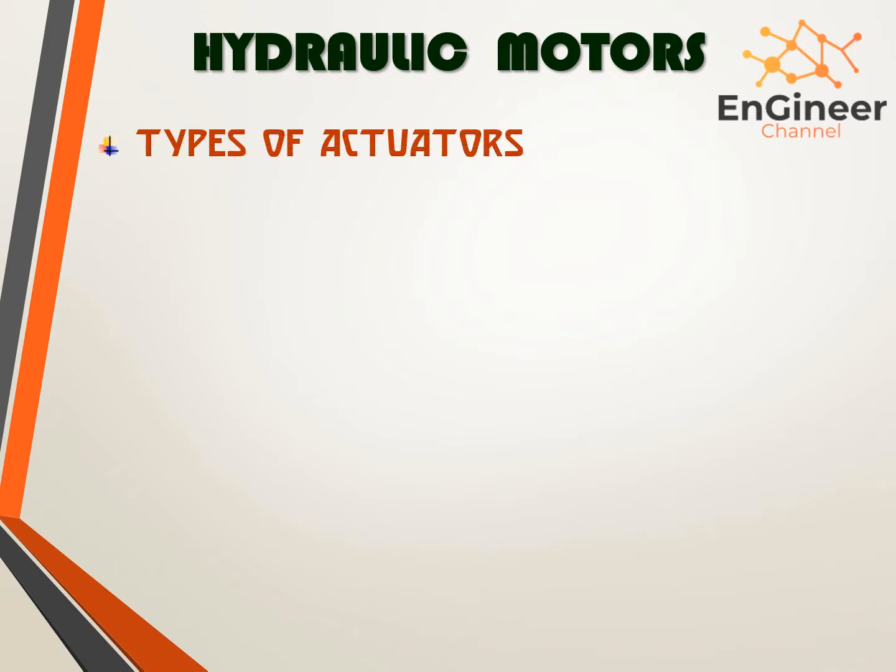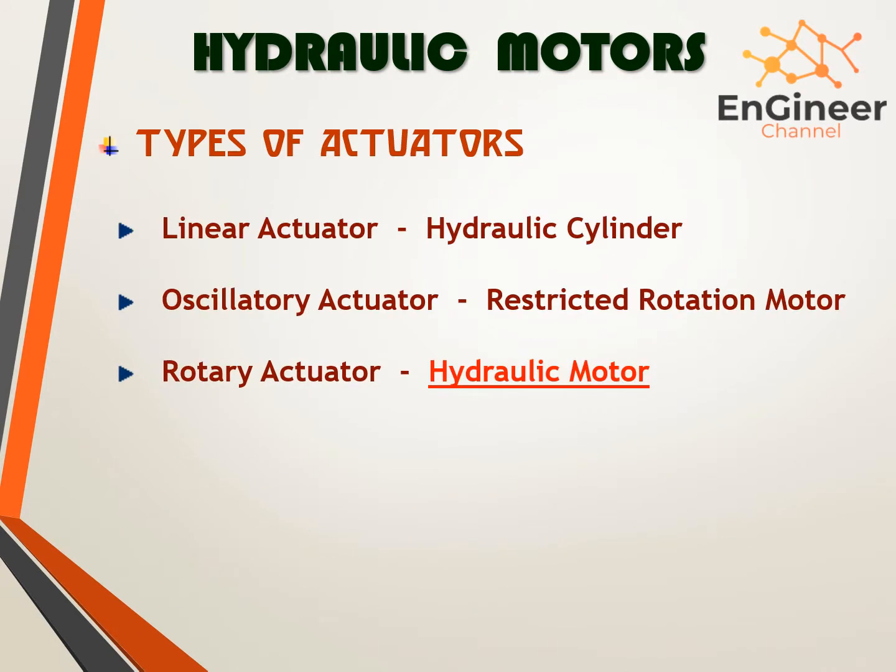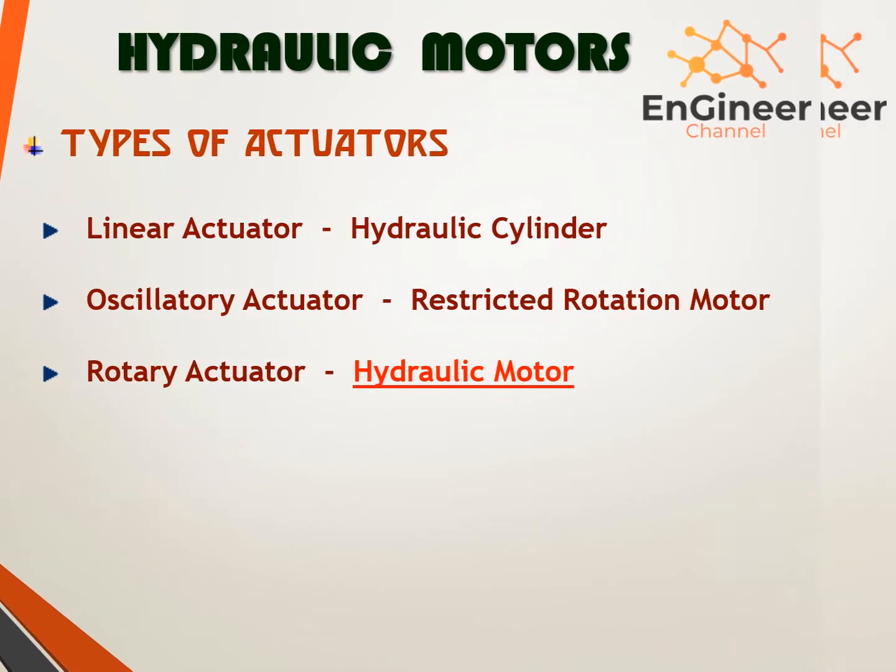Now let's see the types of actuators. We have linear actuator like hydraulic cylinder. We have oscillatory actuator like rotation motors and rotary actuator like hydraulic motor.